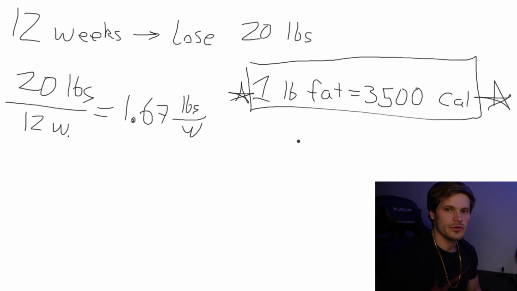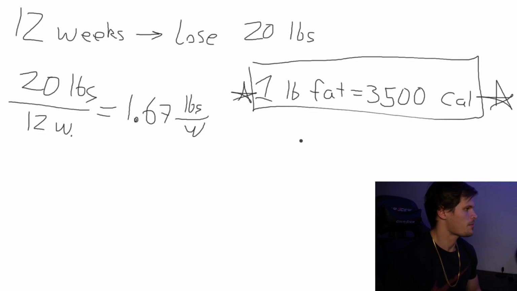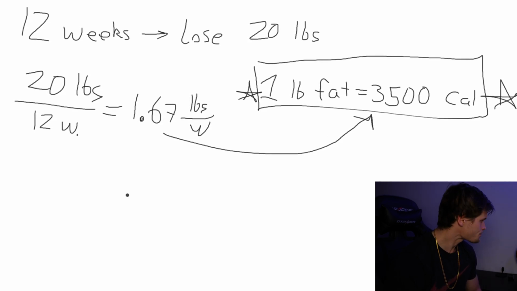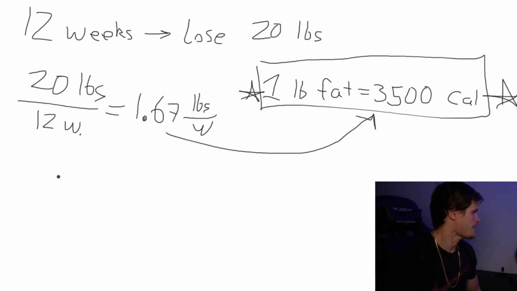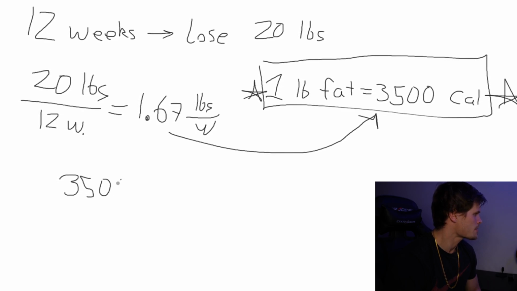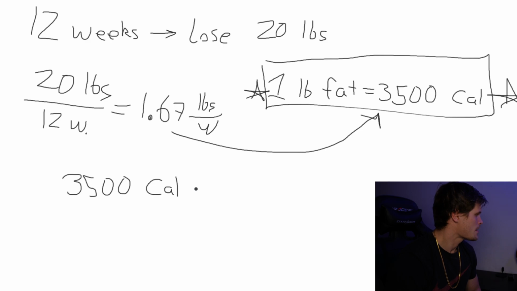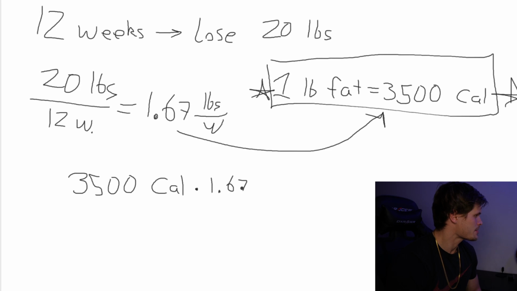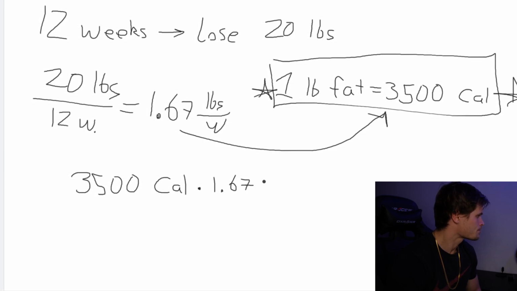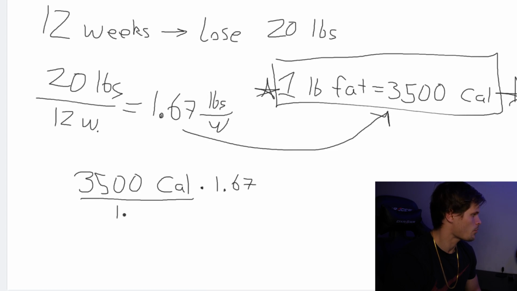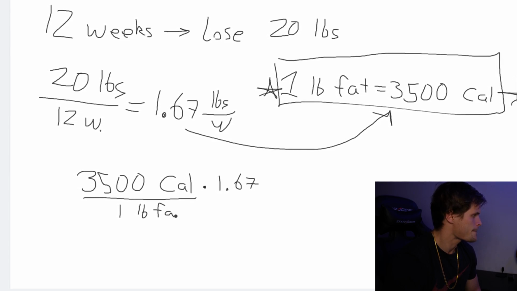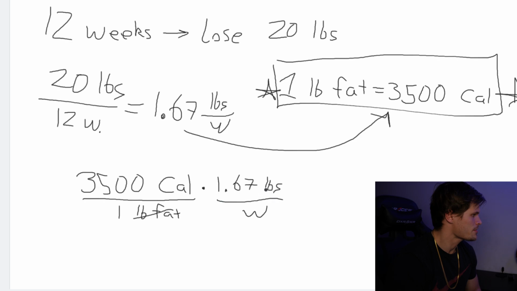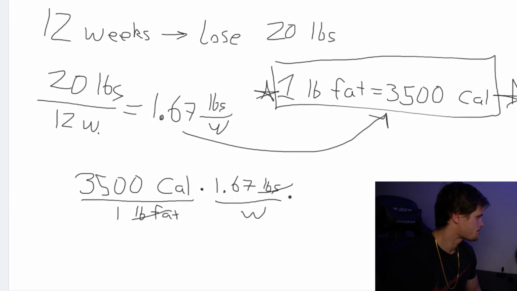So when it comes to losing this weight, now we have to figure out how many calories 1.67 pounds actually is, right? So what we need to do here is take our 3,500 calories and multiply that by 1.67. We know this is 1 pound, so we have 3,500 calories per 1 pound of fat, times pounds per week, so our pounds of fat are going to cancel out.